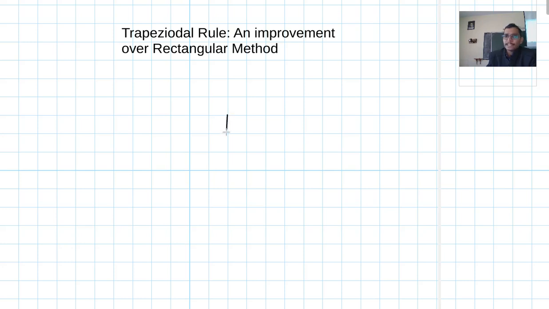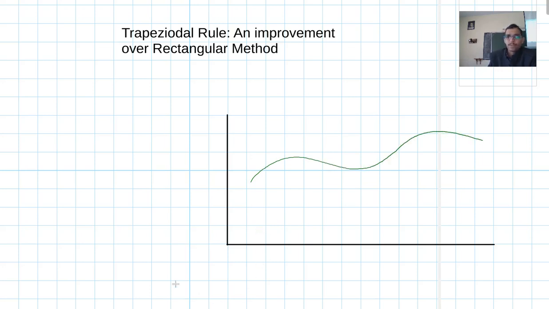So now again consider the same diagram. So this is the curve I am having. Let us take this as A and this as B, and let me call the start x naught and the end xn. It means I divided this region into n segments.